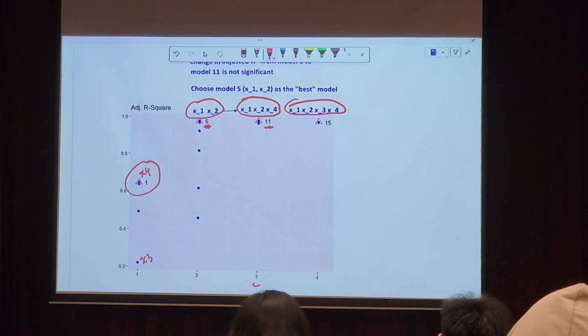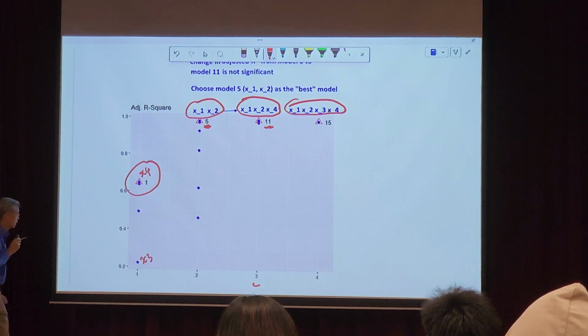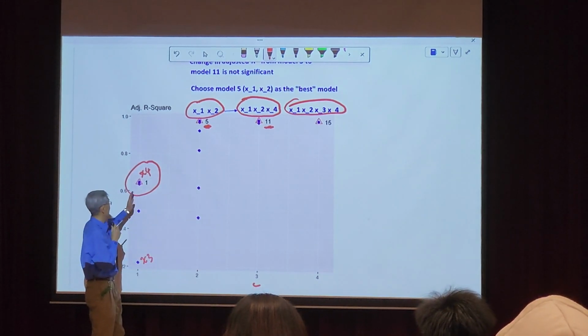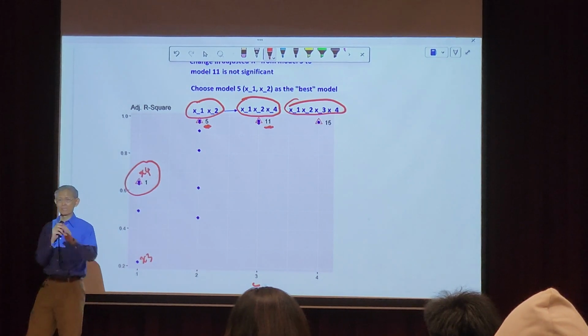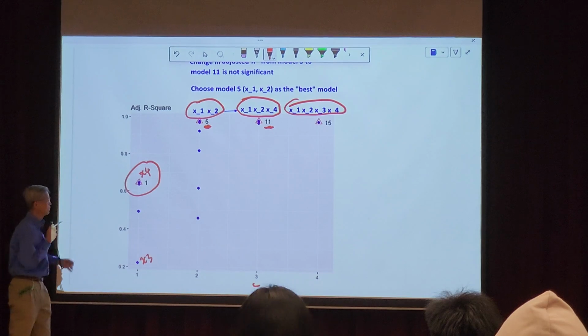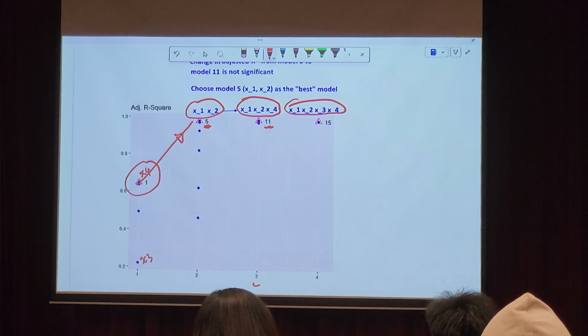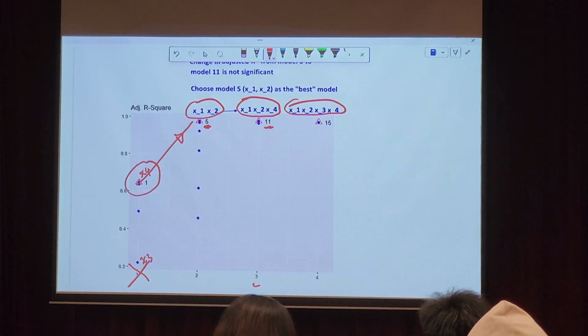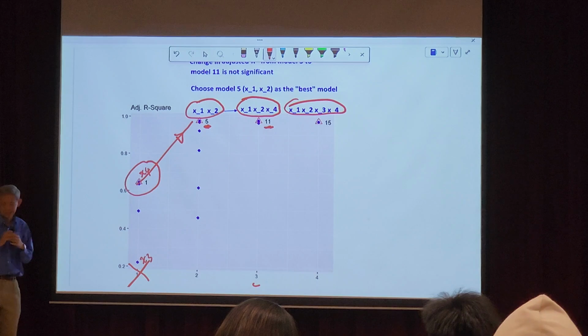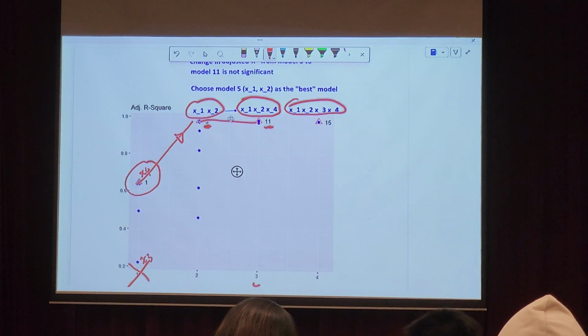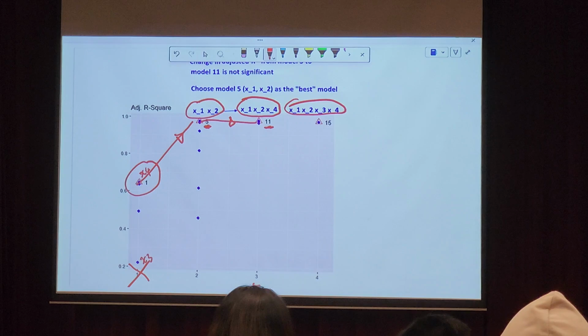So the question is, which one do we choose? Now, I'm not going to choose this one, because by increasing the number of regressors to 2, I can have a big improvement in the adjusted R square. See, I can have a big jump. So I'm not going to use 1. The next question is, should we use 2 or 3? From 2 to 3, in fact, there's very little difference, not much improvement.